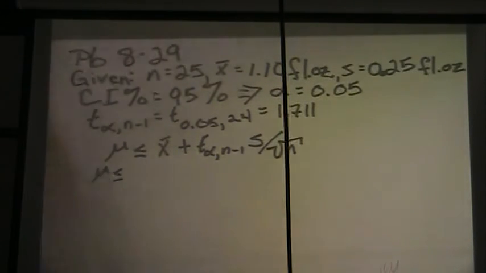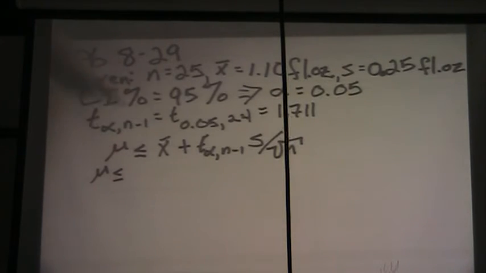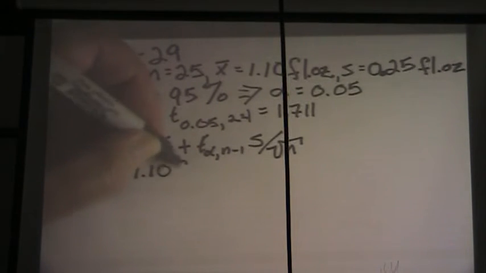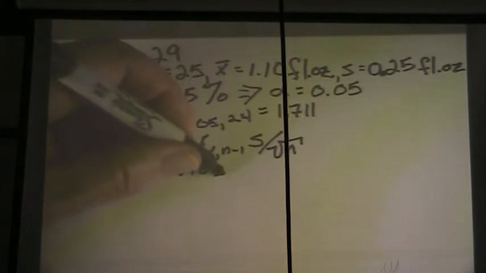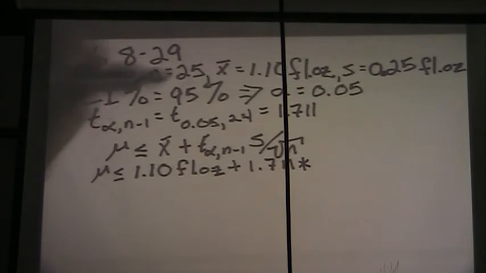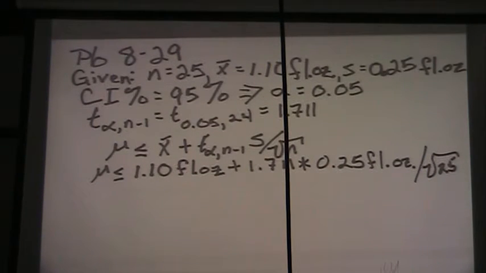So mu is less than or equal to 1.10 fluid ounces plus our T alpha with n minus 1 degrees of freedom, which is 1.711, times our sample standard deviation, or 0.25 fluid ounces, divided by the square root of 25. Oh man, I barely made it.